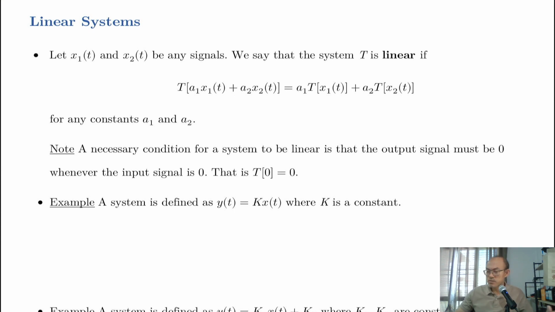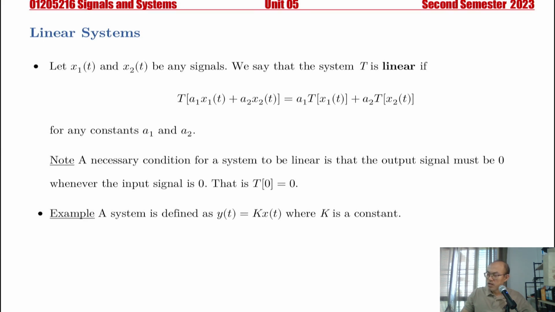Now, what we are going to do is focus entirely in this course on linear systems. So what exactly are linear systems? Linear systems are systems that, if the input is a linear combination of two other signals, then the output would have to be the same linear combination of the outputs from each of the respective signals.